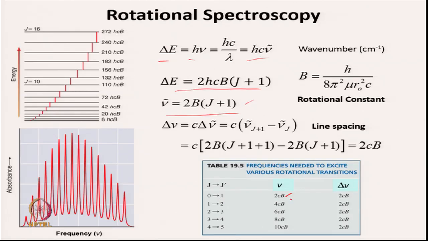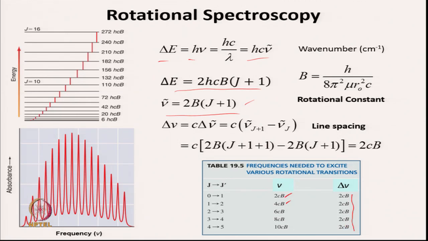So, for the 0 to 1 transition you will get 2B or 2cB, and for the 1 to 2 transition you are going to get 4cB. This is the frequency, and the spacing between the lines is going to be the same.